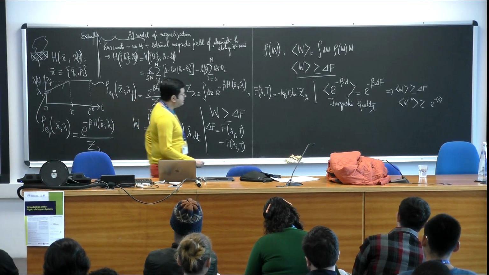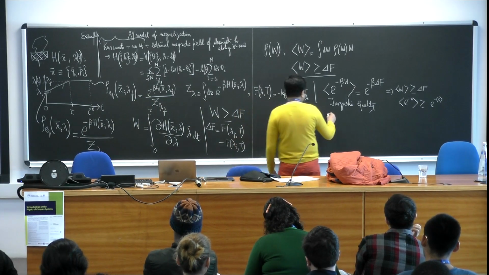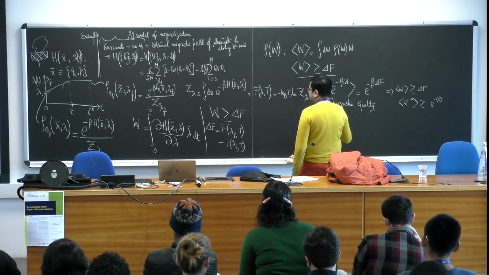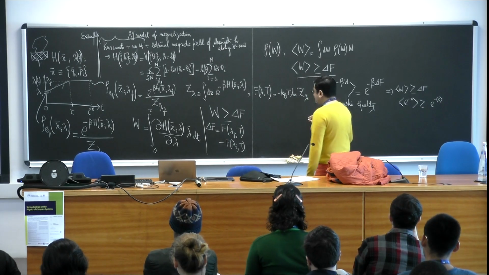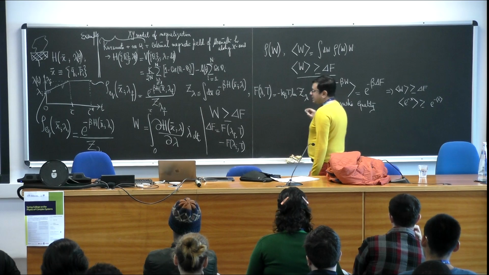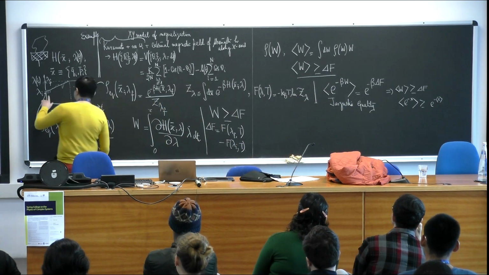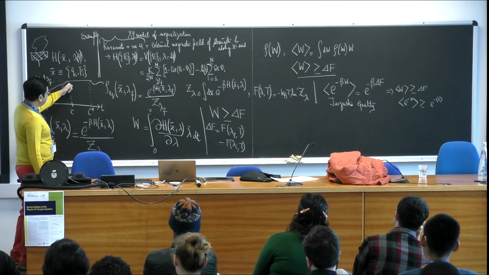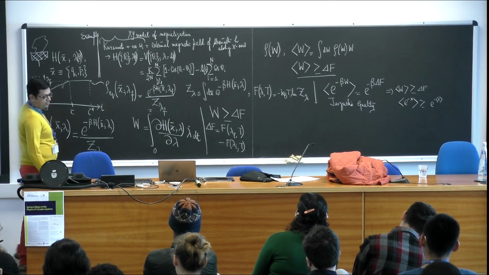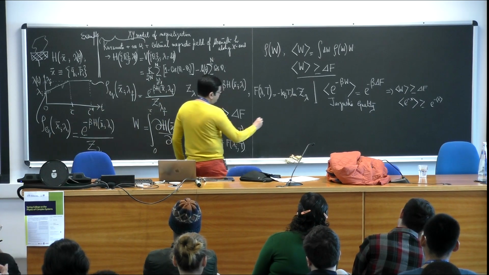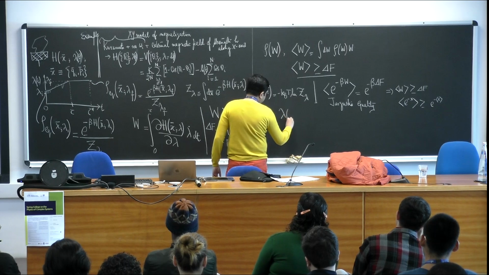Okay. So there is one more equality that I would like to mention, which is related to this one, which is the following. Here what I am doing is changing lambda from lambda I to lambda f according to a protocol. Let's denote the protocol by lambda t.